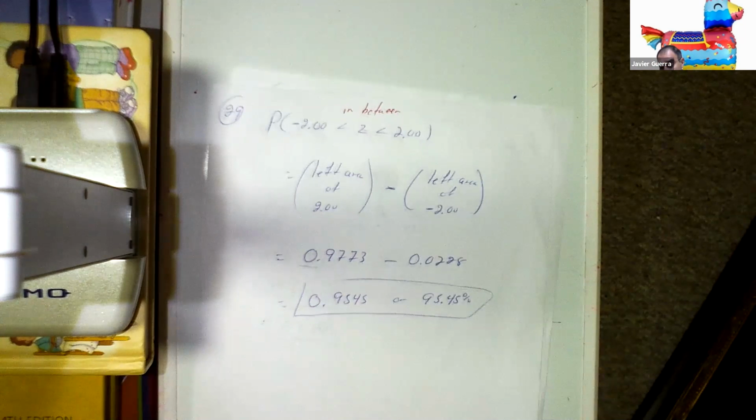Now, look at the answer that we got. Do you all remember the empirical rule? When we did the empirical rule, do you remember the percentages? There were 3 of them. Let's see how your long-term memory is.